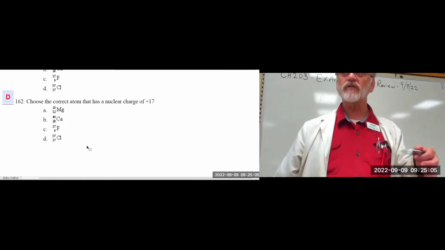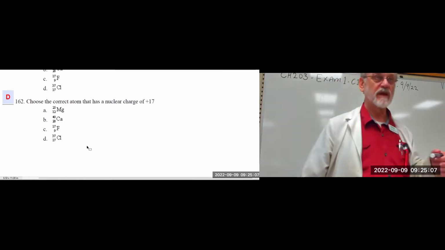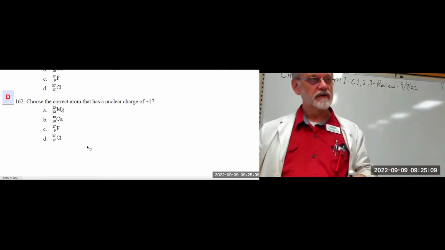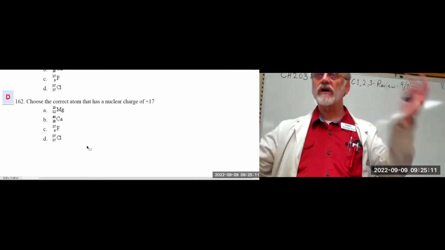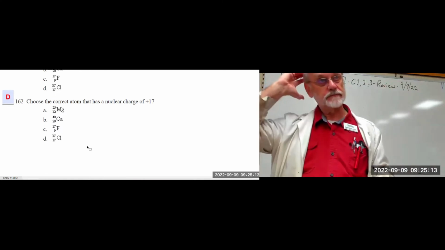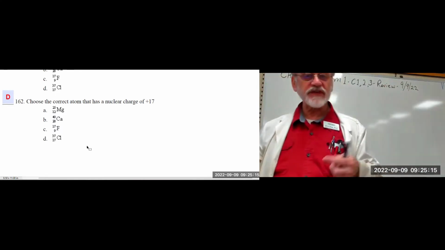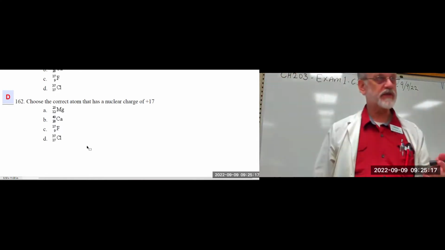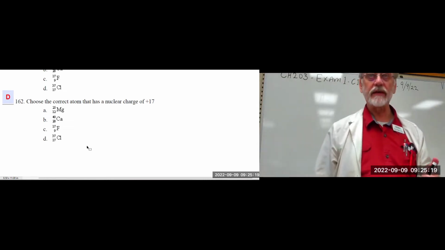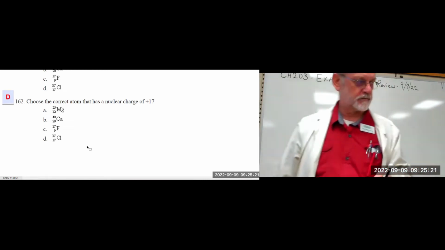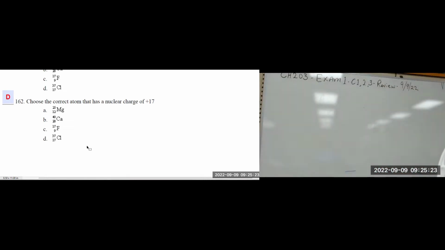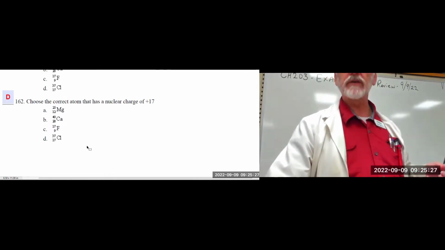So nuclear charge would be plus 17, and if it were neutral, it would have 17 electrons out in the cloud. So the same answer here as 160 is chlorine. Is that clear as mud?